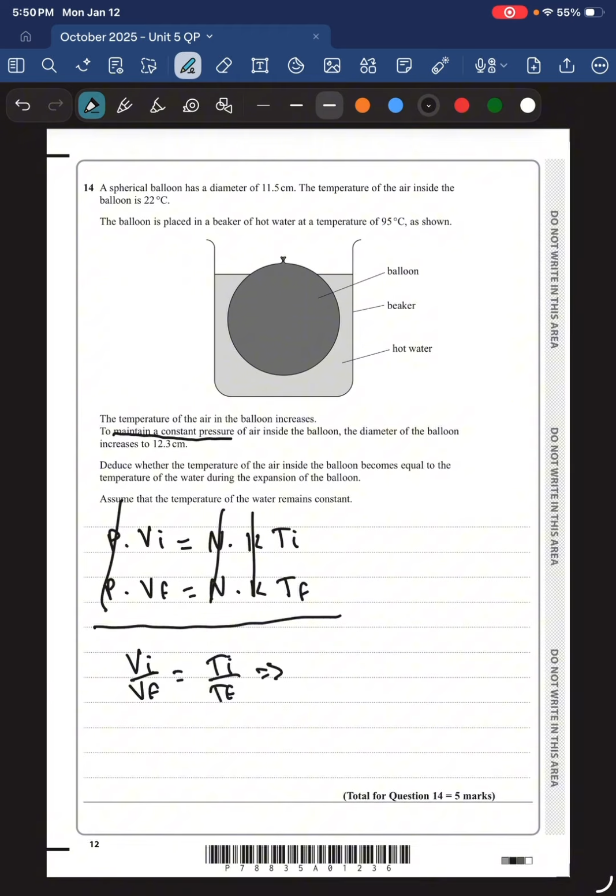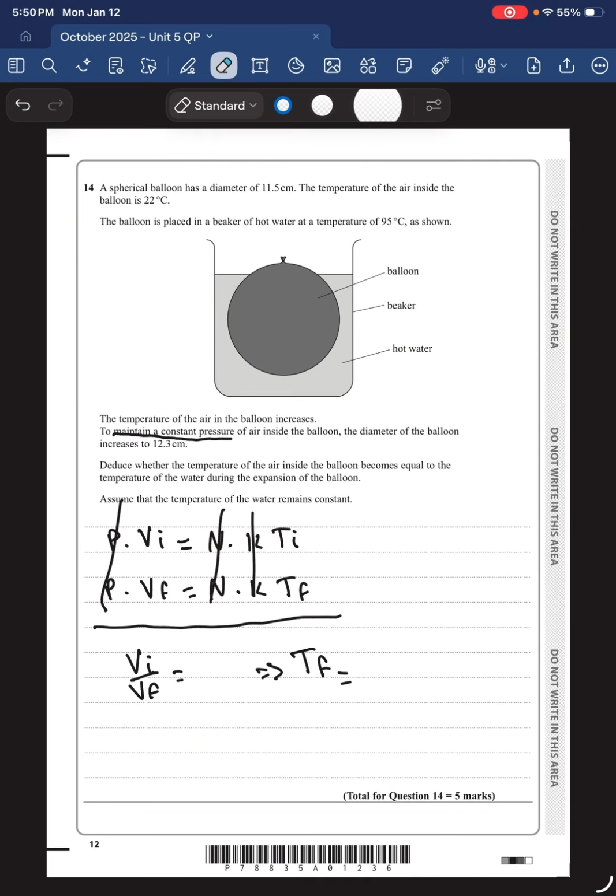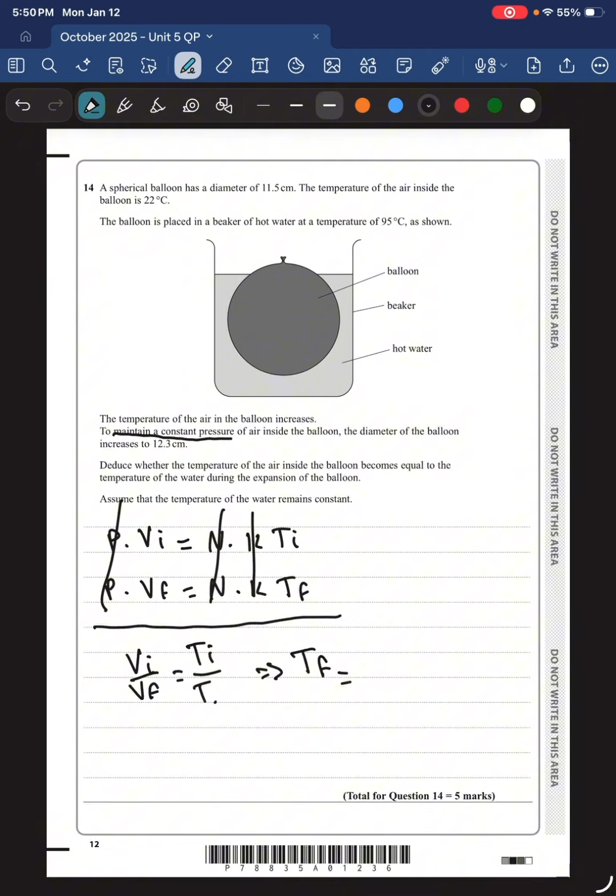Okay, so the final temperature is equal to the final volume over the initial volume times the initial temperature. I promised in previous videos to improve my handwriting, so I'm trying.